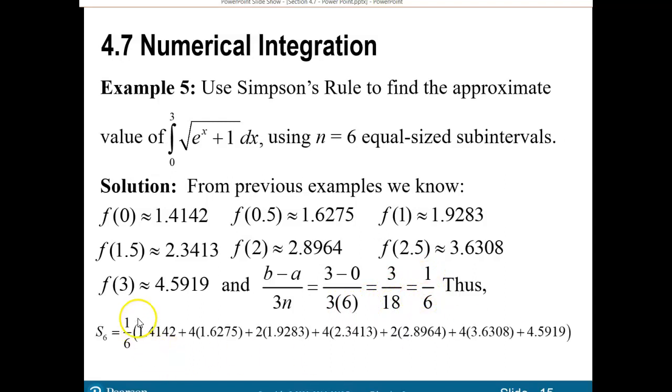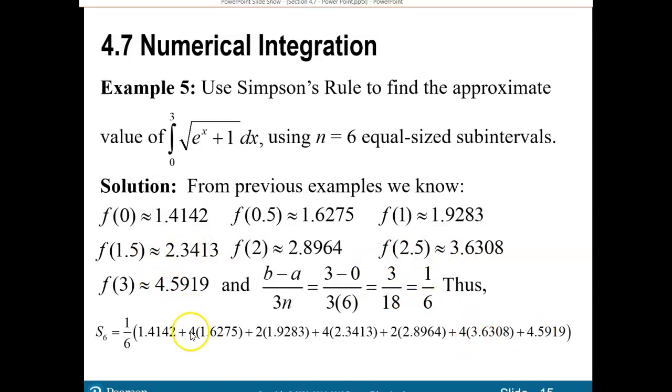So we've got our 1/6 in the front. That's our f of a, or f of 0. Then remember, it's 4 times this one, plus 2 times this one, plus 4 times the next number, plus 2 times the next number, plus 4 times the next, and then finally our f of b.